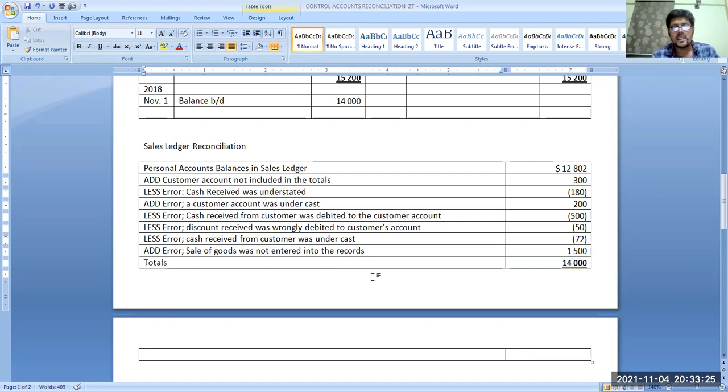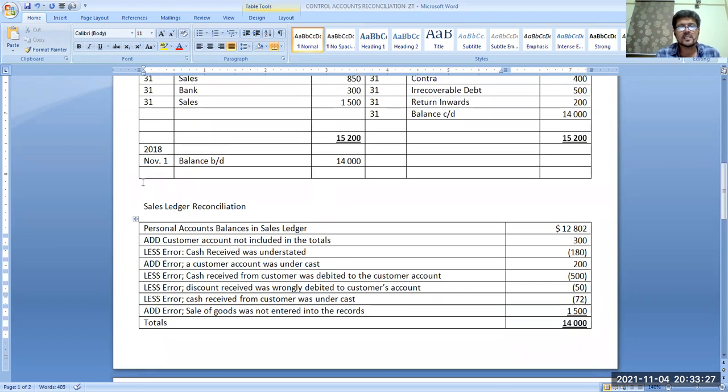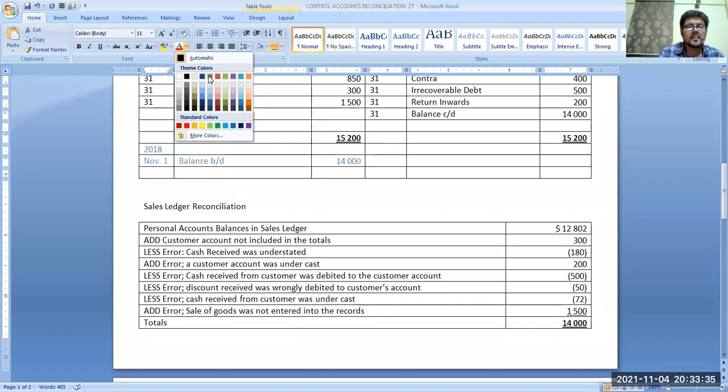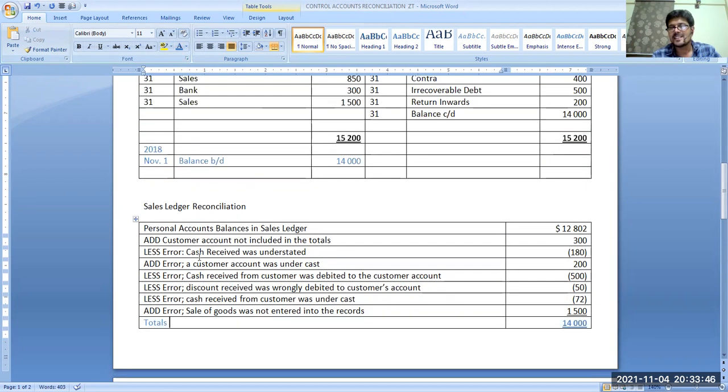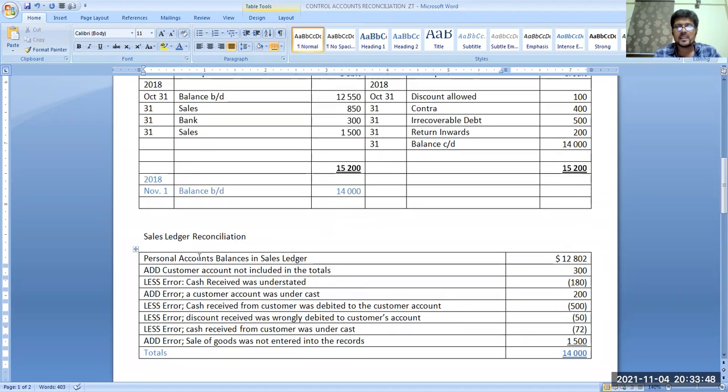Now this 14,000 must be equal to it. Getting my point? Okay, it means now the control account and the sales ledger both have the same balances after all that.